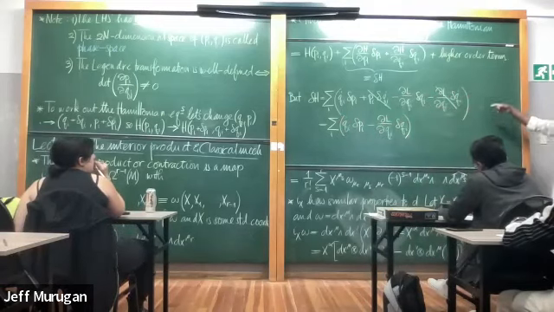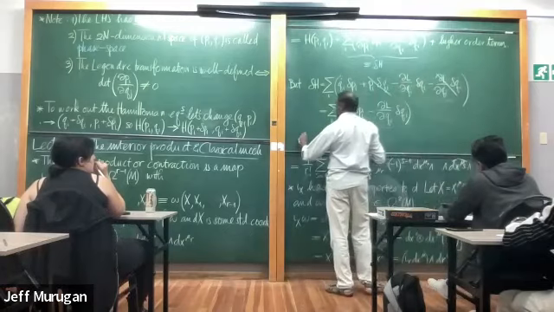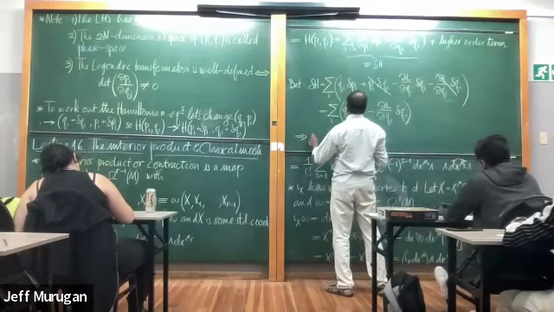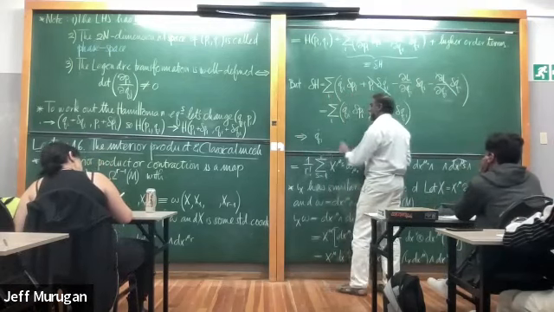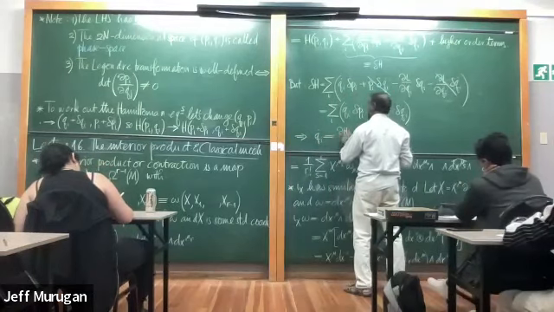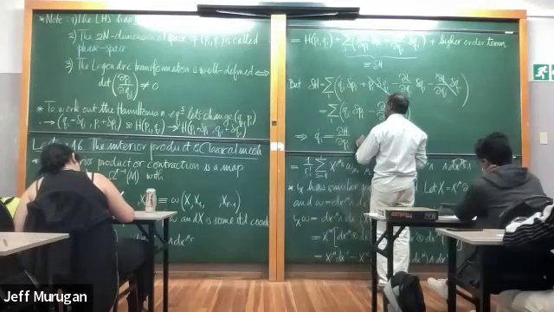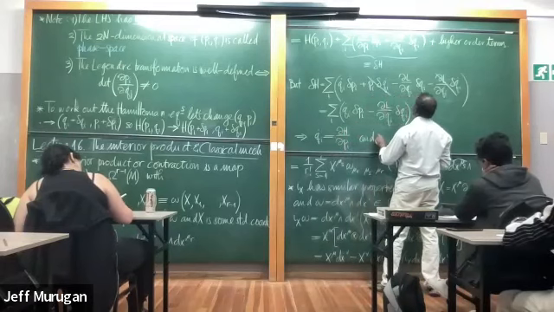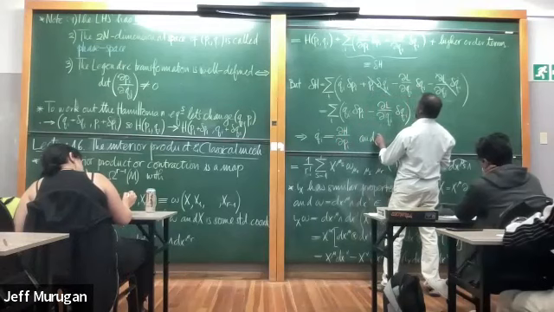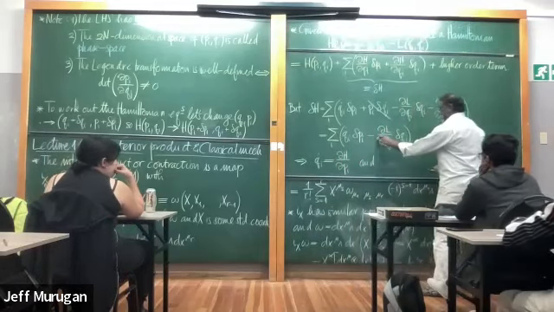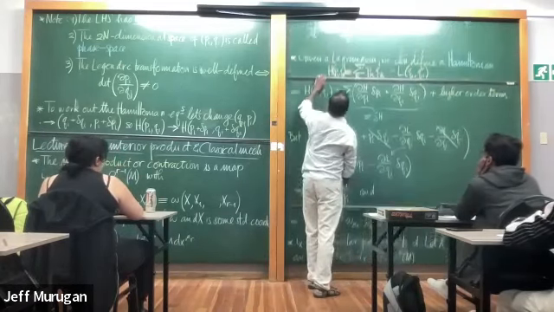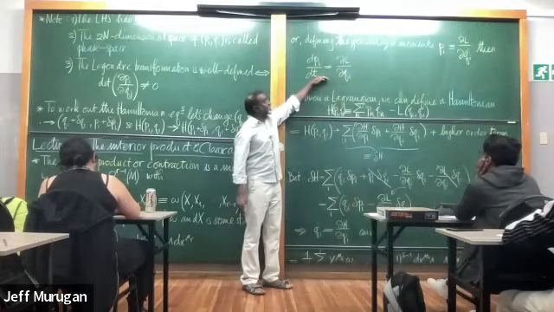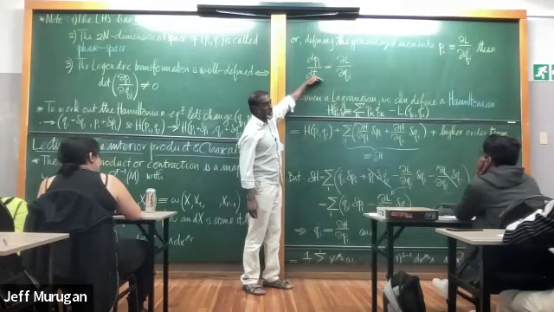And if I compare this expression with that expression, I find that q_i dot, that's dq_i by dt, must be dH by dp_i. And this guy I can replace by the Euler-Lagrange equation, which says that dL by dq_i is dp_i by dt.